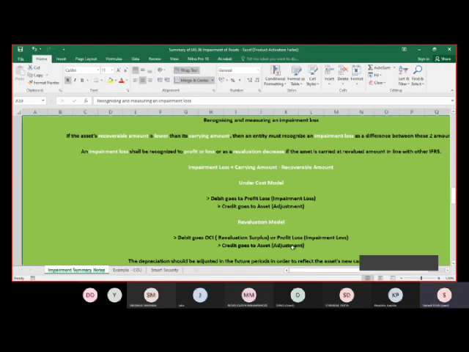And then also the depreciation should be adjusted in future periods in order to reflect the asset's new carrying amount. The reason why you will adjust depreciation is that the lifespan of an asset has changed, because that's an indicator.